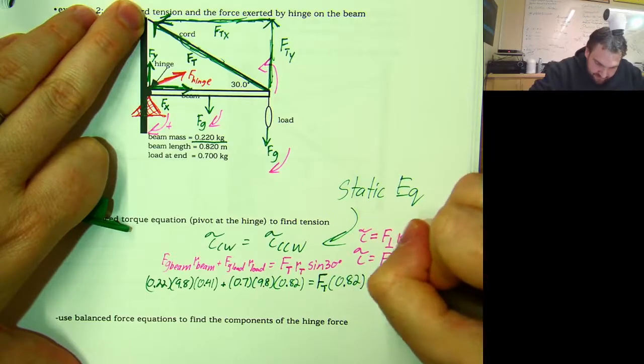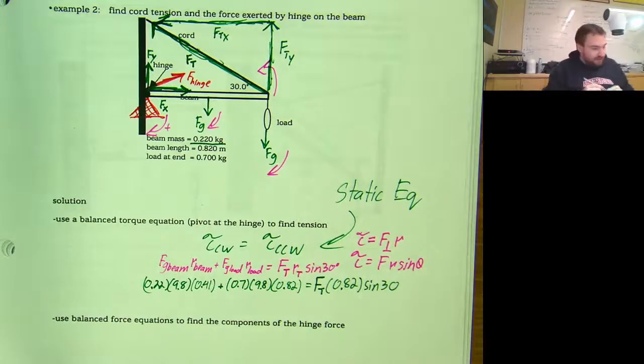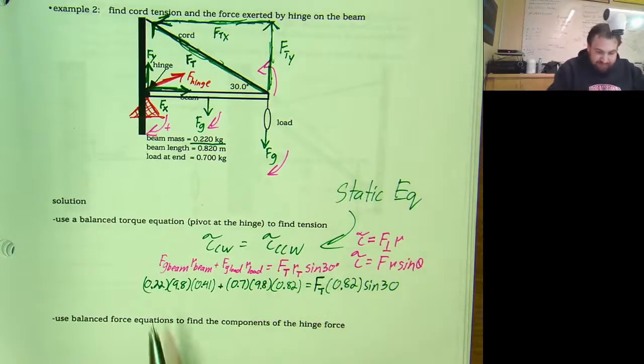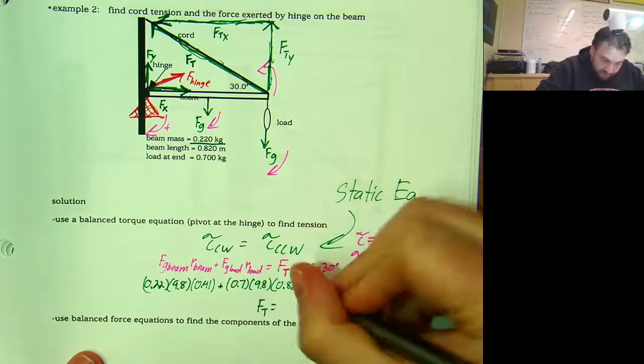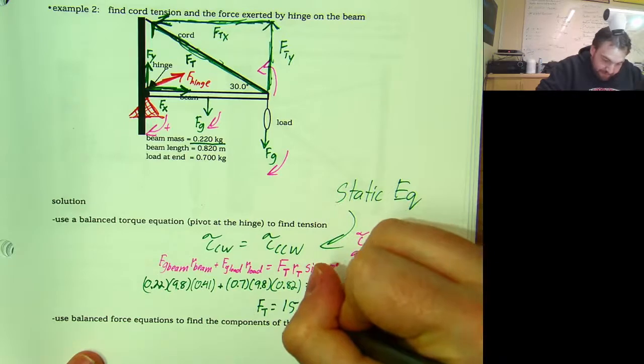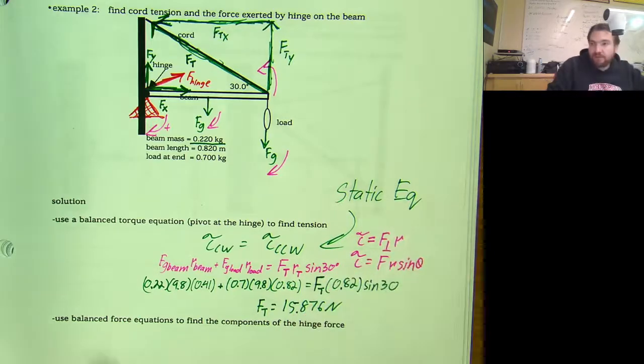We've got the sine of the angle between them. So that's my expression. This is easy to calculate, I'll let you calculate it. But you'll find that the force of tension should be equal to 15.876 newtons.